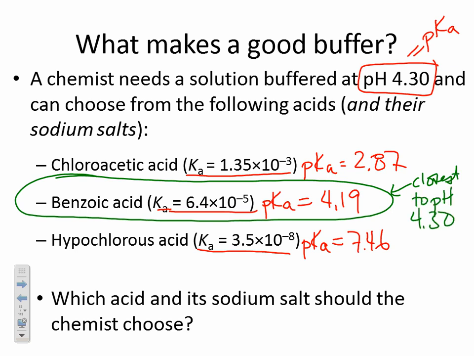And the reason that we're choosing it, because it's got the pKa that's closest to the pH that we want, will mean that we can have lots of both the weak acid and the conjugate base at that particular pH value. It means we're going to have loads of both our weak acid and our conjugate base. And that's what a good buffer needs. A good buffer needs a large quantity of both. So by picking the buffer that has the pKa that is closest to the pH, that tells you you're going to have lots of the two necessary components of the buffer.